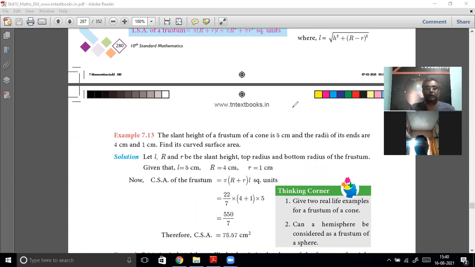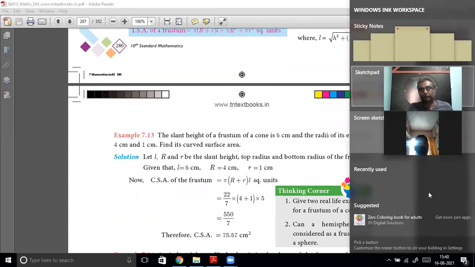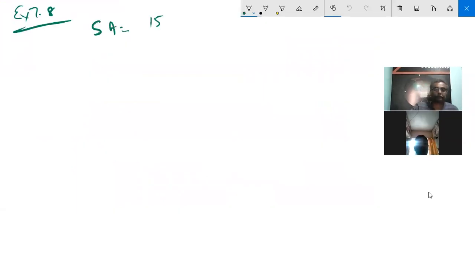Example 7.13, let us take and do. Example 7.13.